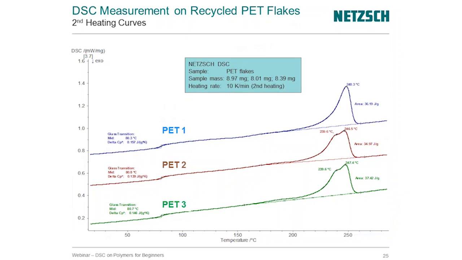But if we go up into the melting point of the material, then we know there's something going on. There's a pretty big difference in how this material is behaving. You can see, let me get my cursor here, the shape of the peaks is completely different, at least in the case of PET 1 versus 2 and 3.